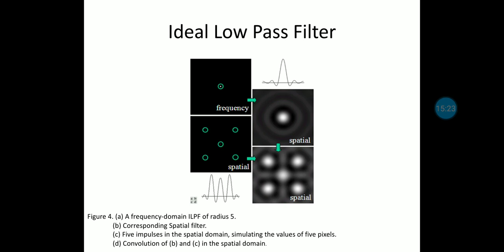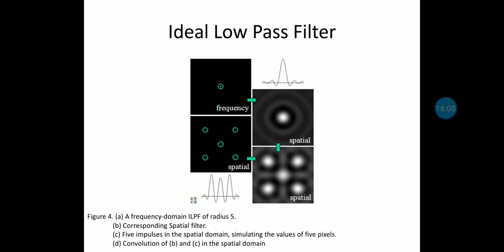So let's see one more example wherein an ideal low pass filter of radius 5 in the frequency domain is considered, and its corresponding spatial filter is represented. In the second, we are able to see 5 impulses in the spatial domain, simulating the values of 5 pixels, and the convolution with the corresponding spatial filter.